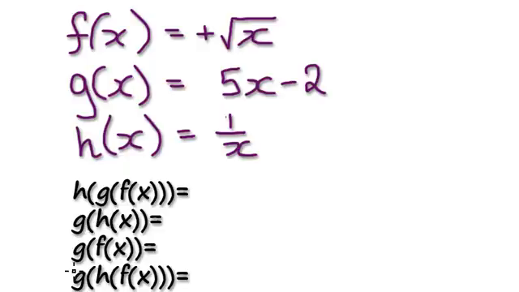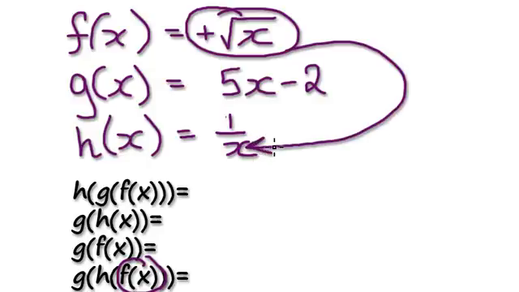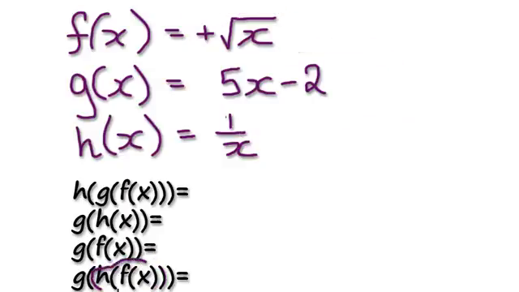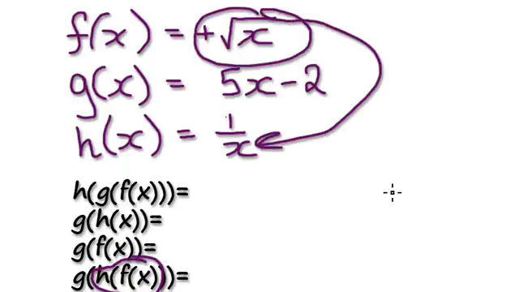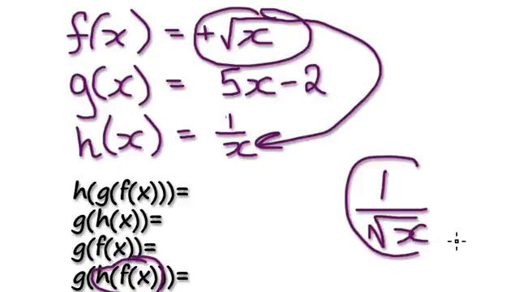And then the last one, put f of x into h, and then put the whole lot into g. So let's just concentrate on putting f of x into the h. It will look like this: 1 over root x. Now put this thing into the g here.